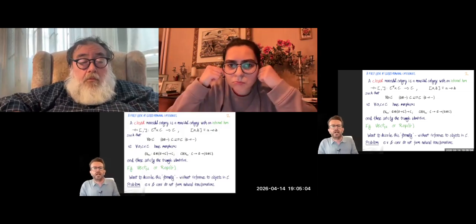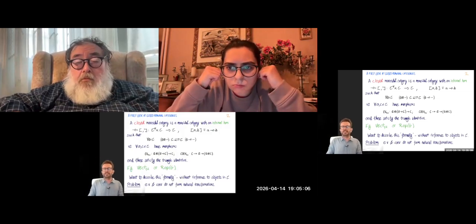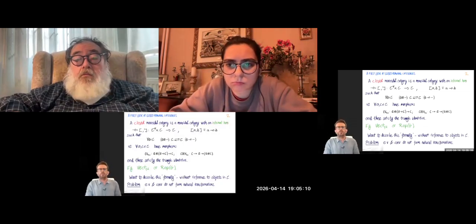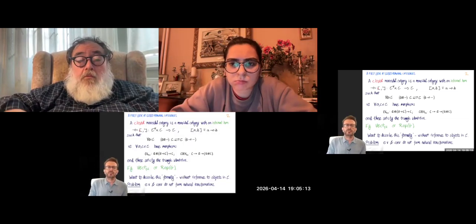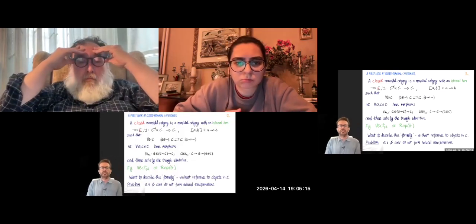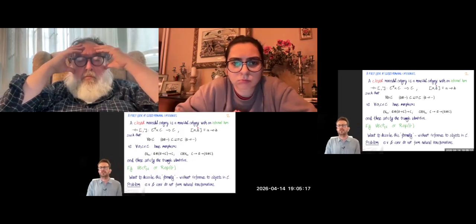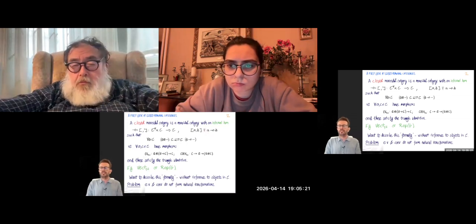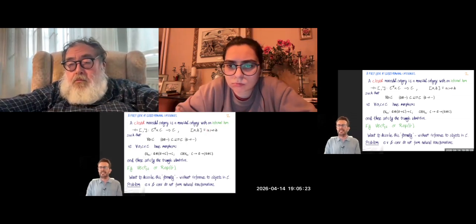Okay, so let's have a first look at closed monoidal categories. A closed monoidal category is a monoidal category with an internal Hom. That's going to be a functor. Typically you'd write square brackets for the internal Hom, but it's convenient in what I'm going to do to write it in this infix lollipop notation.